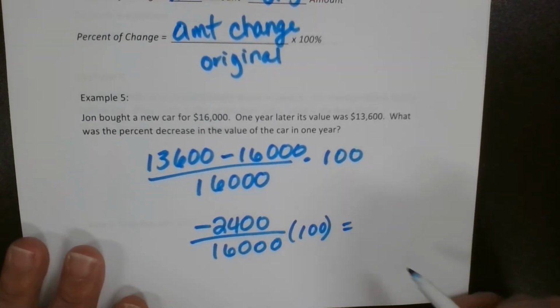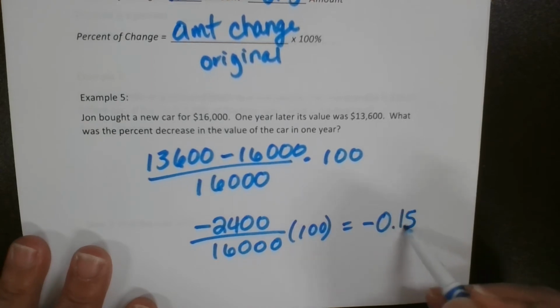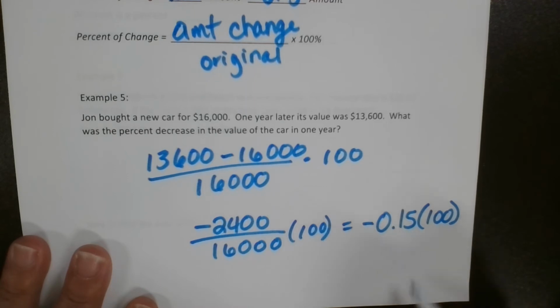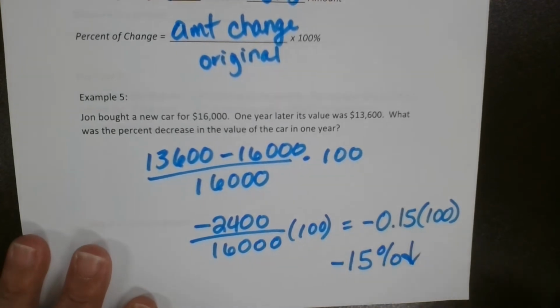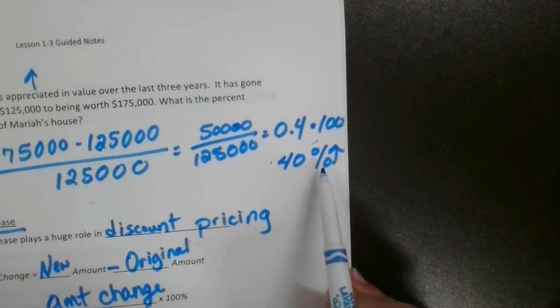So in my calculator, I'm going to wind up with negative 0.15 that I'm multiplying by 100, moving that decimal place twice. And if I get a negative 15%, that means it's a decrease. Positive percent changes are increases.